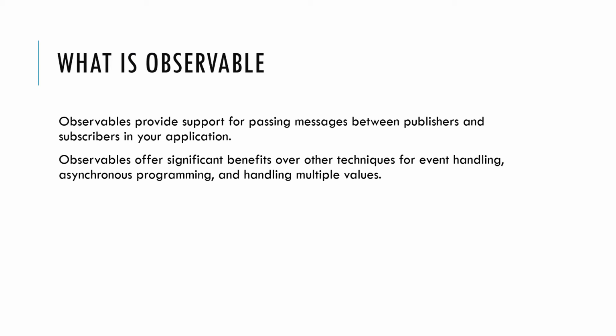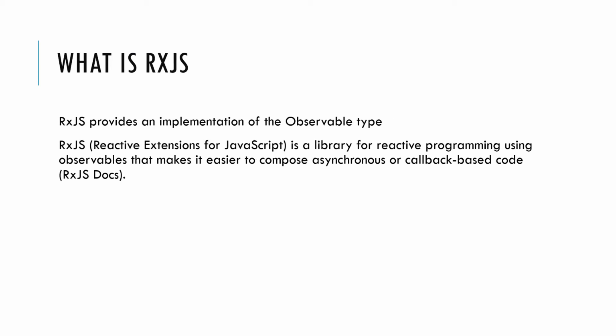It provides significant benefits over other techniques for event handling, asynchronous programming, and handling multiple values. So what is RxJS? RxJS provides an implementation of observable types, and it is a library for reactive programming using observables that makes it easier to compose asynchronous or callback-based code.